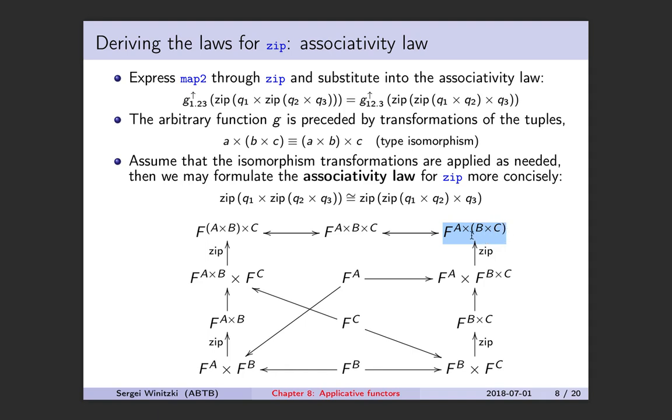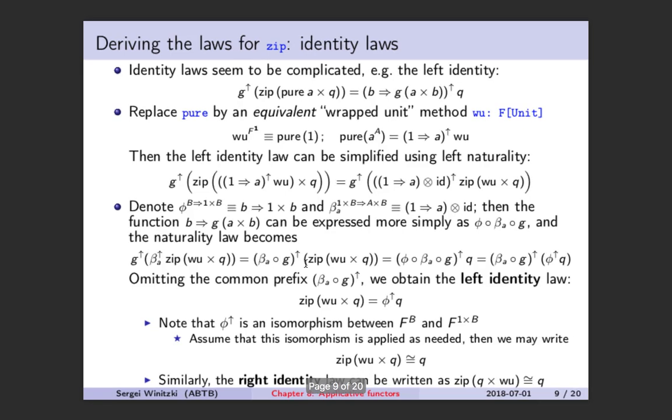Now, actually, they are equivalent to some f of this because of this isomorphism. So this corresponds to that, and this corresponds to that. So this is the associativity law for zip.